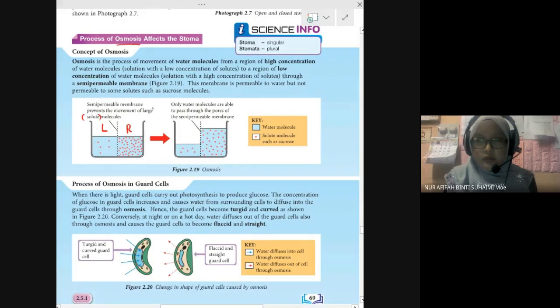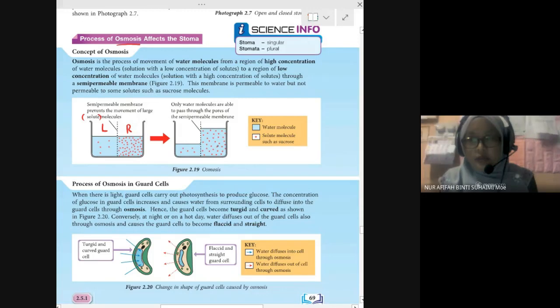This semi-permeable membrane we consider as the stoma. When there is a higher concentration, let's say the concentration of carbon dioxide outside the leaf, it will move through the pore, through the stoma, in order to reach the same level.